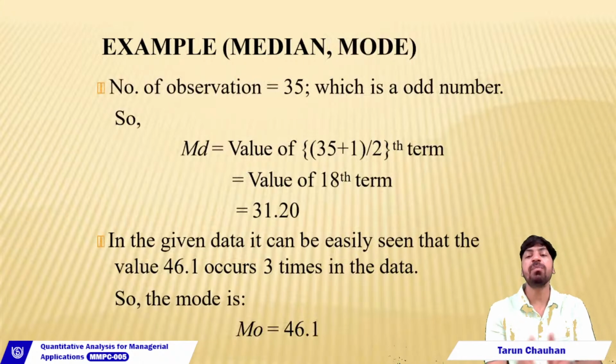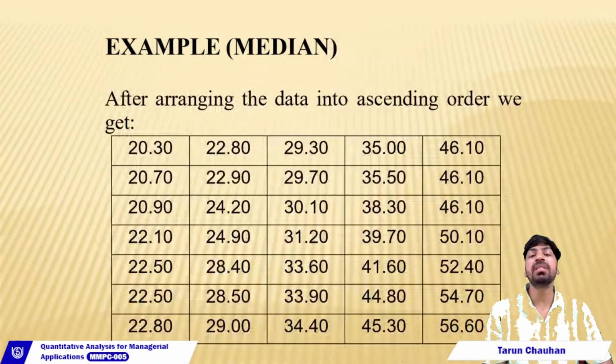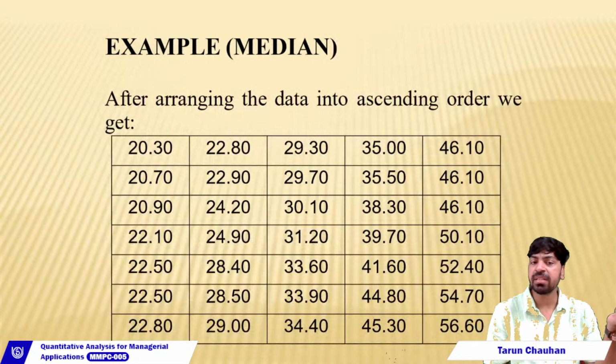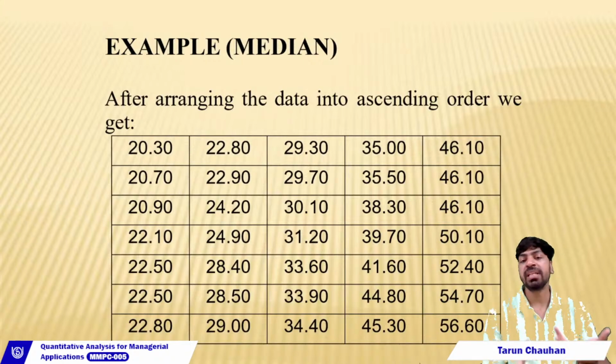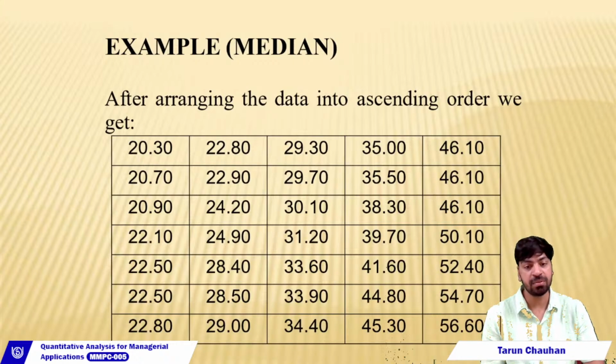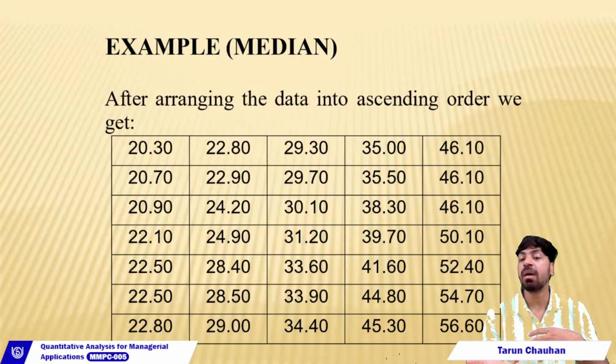In the next part, you have to calculate the mode. You have to check from the series of raw data which value comes the maximum number of times. It could be 20.30, it could be 20.70, it could be 29.70, it could be 41.60. You just need to check which value has the highest frequency, or in other words, the value which comes the maximum number of times.